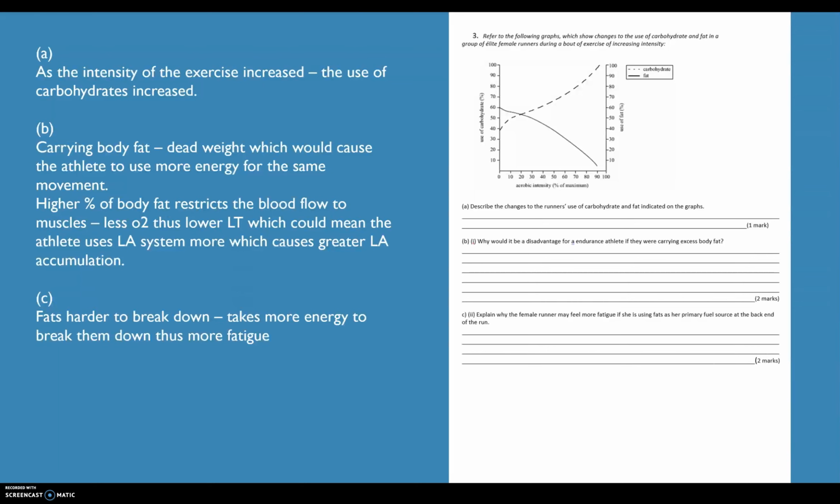C there, why would the female runner feel more fatigue at the end if primary fuel was fats? So fats just being harder to break down, taking more energy to break them down, thus more fatigue at that point of the race.